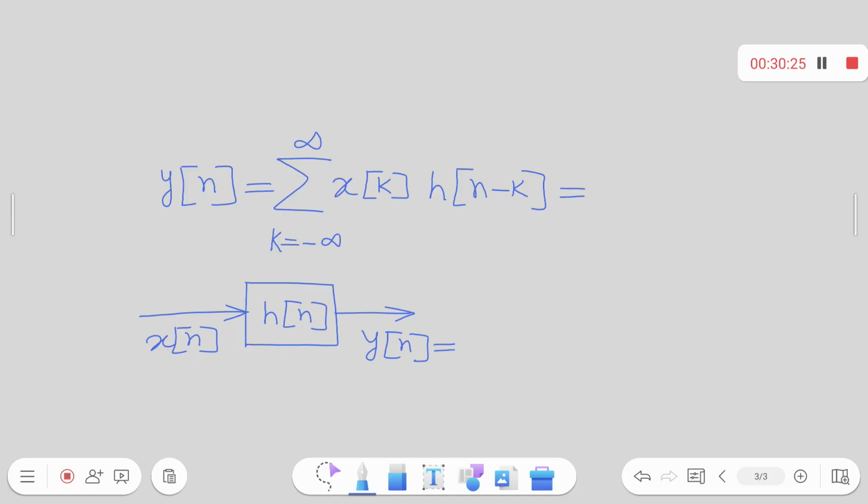So this y of n should be a function of x of n and h of n.